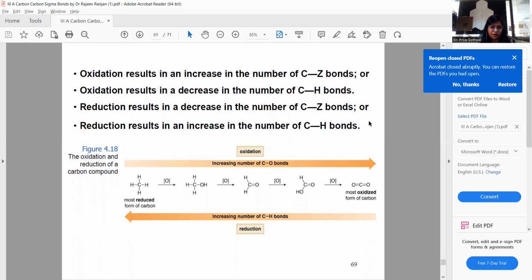In the figure, on the oxidation and reduction of carbon compounds, we can see the increasing number of carbon-oxygen bonds in the oxidation process. This is a hydrocarbon categorized as an alkane. The first alkane is methane, a carbon atom bonded to four hydrogens.